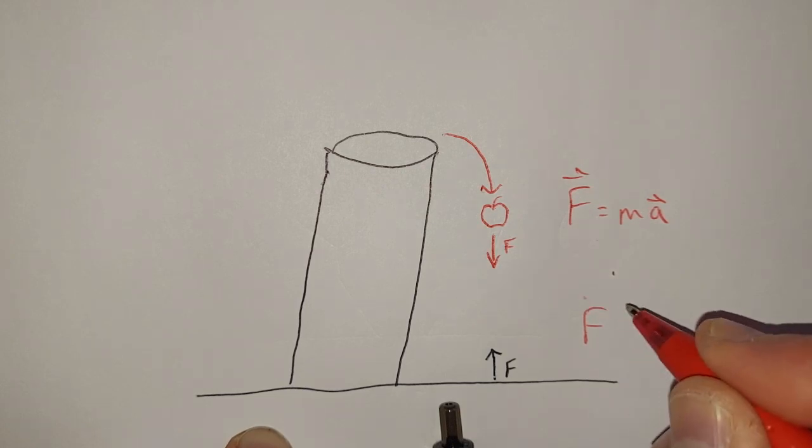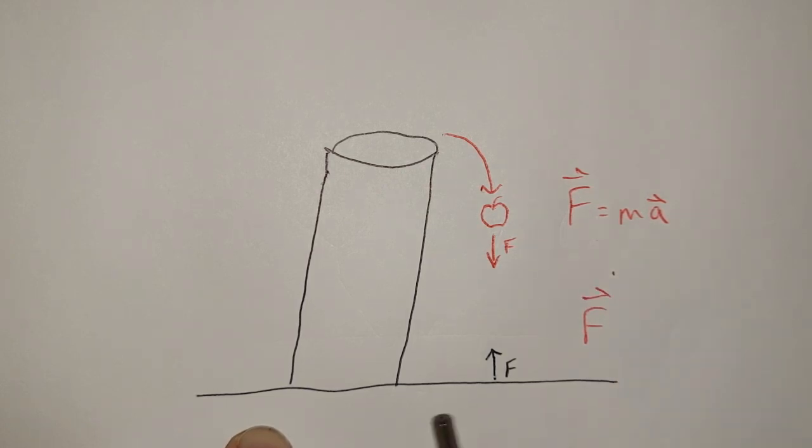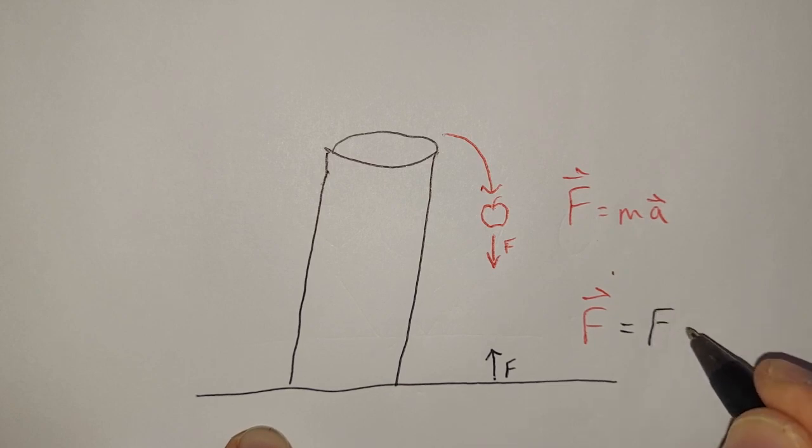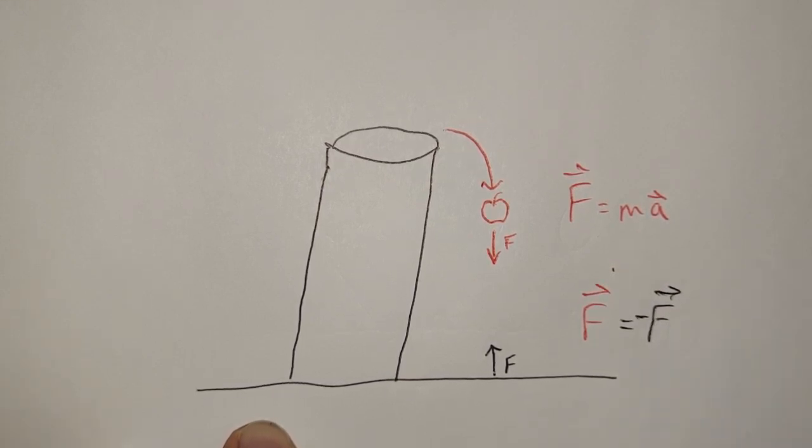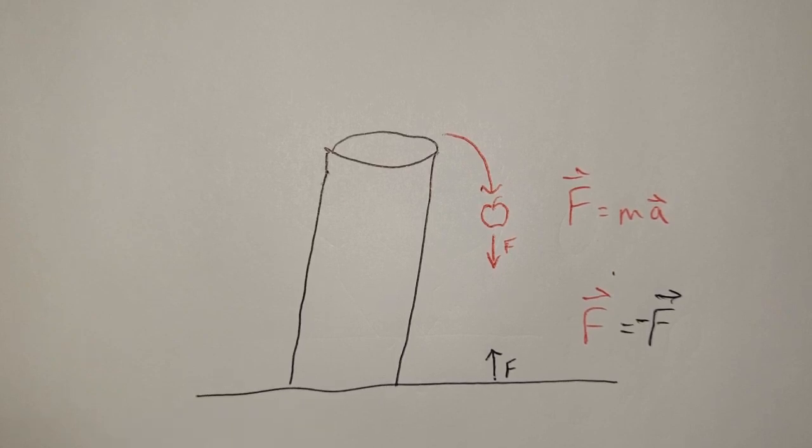F would be equal to the force on the earth, just negative. Since the earth is so massive compared to the apple's mass, the velocity change in the Earth would be so small we couldn't even measure it, and we wouldn't even notice that the Earth was moving.